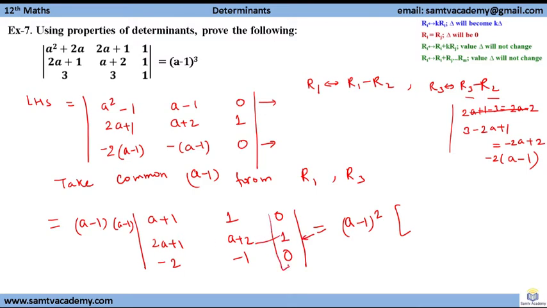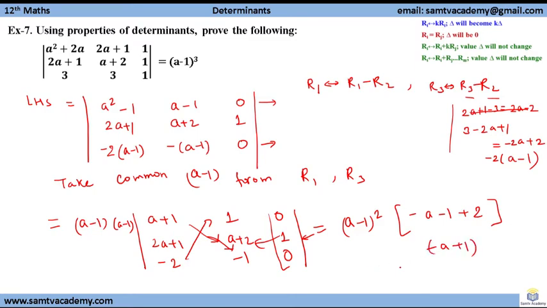What you are left with is minus a minus 1, and minus minus 2 becomes plus 2, so a plus 1 gives minus a plus 1.